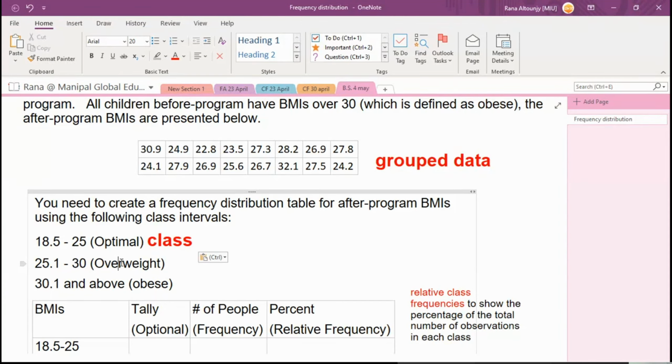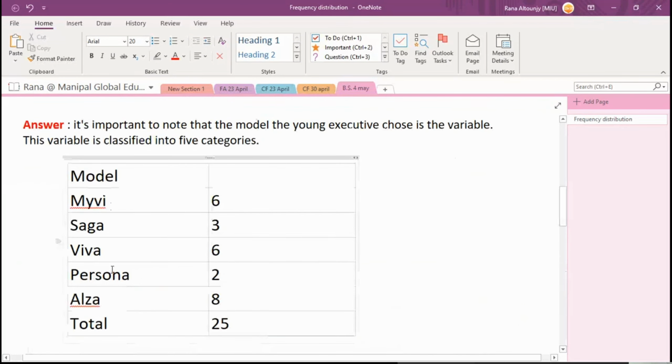Okay? So here also, we call it frequency distribution. We need to group the data, very normal, but with categories. If you remember, when we were talking about qualitative data, the categories were based on the data itself. We don't have ranges higher and lower.